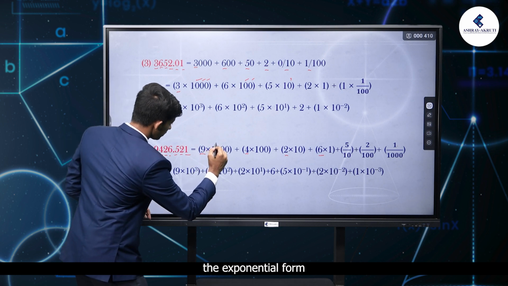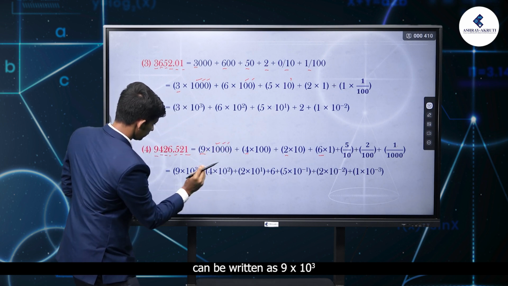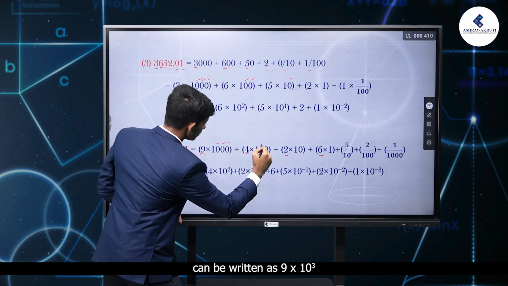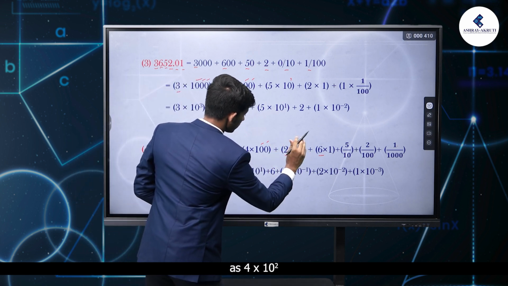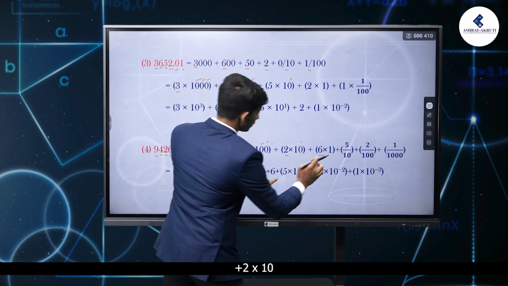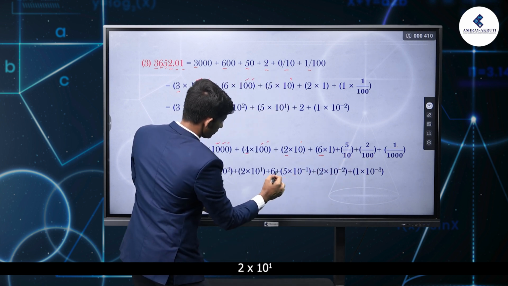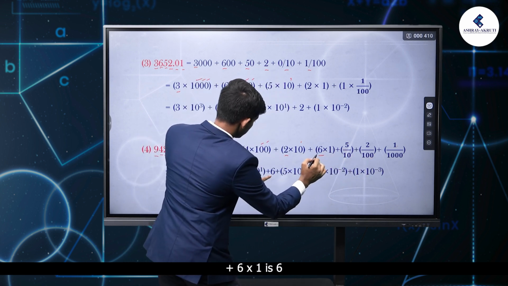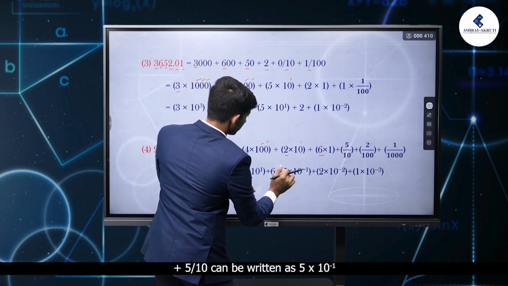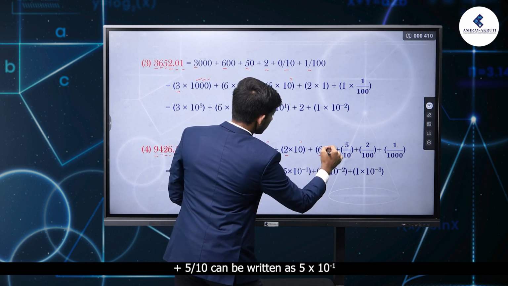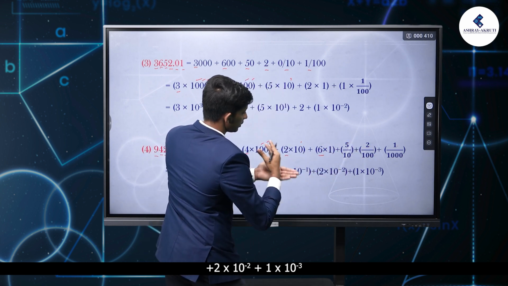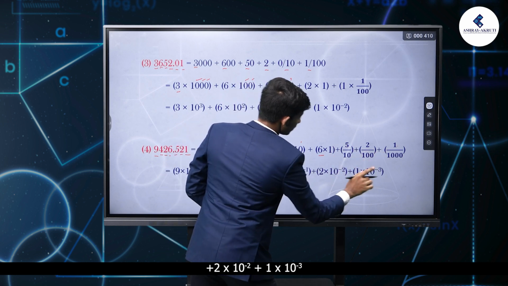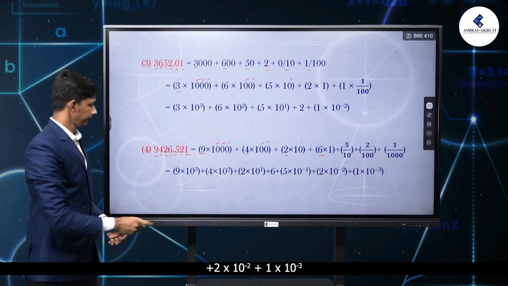Next, we write this in the exponential form where 9 into 1000 can be written as 9 into 10 to the power of 3. 4 into 100 can be written as 4 into 10 to the power of 2 plus 2 into 10 can be written as 2 into 10 to the power of 1 plus 6 into 1 is 6 plus 5 by 10 can be written as 5 into 10 to the power of minus 1 plus 2 into 10 to the power of minus 2 plus 1 into 10 to the power of minus 3.